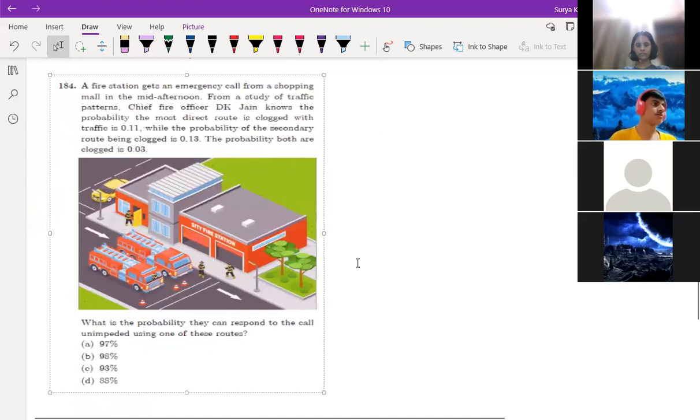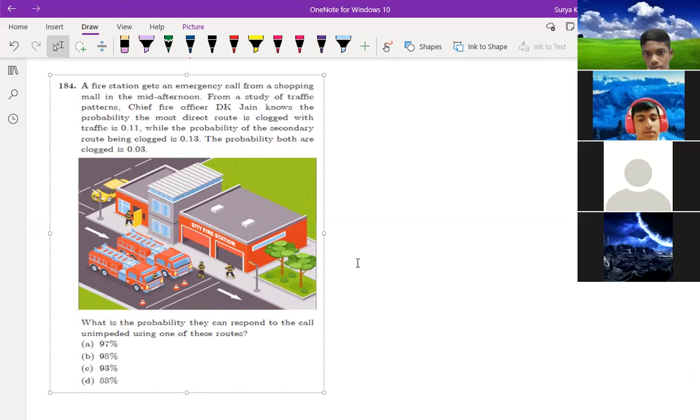From a study of traffic patterns, Chief Fire Officer DK Jain knows the probability the most direct route is clogged with traffic is 0.11, while the probability of the secondary route being clogged is 0.13. The probability both are clogged is 0.03. What is the probability that they can respond to the call unimpeded using one of these routes?